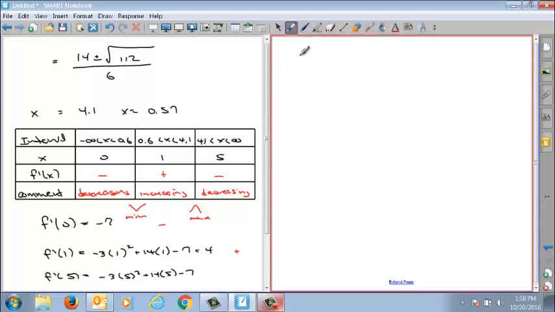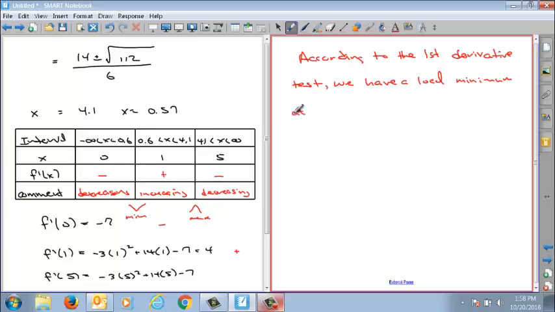So according to the first derivative test, we have a local minimum at x equals 0.57 and a local maximum at x equals 4.1.